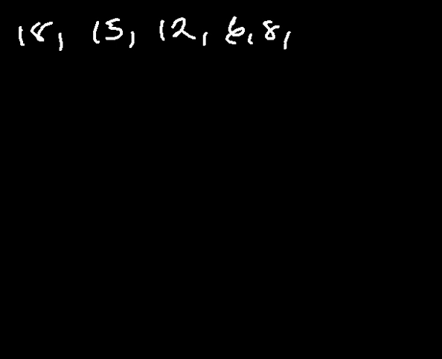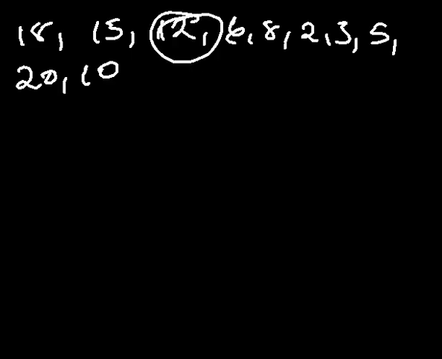Now what if we have this data? Let's say we have 18, 15, 12, 6, 8, 2, 3, 5, 20, and 10. So now what is the percentile of a score of 12?